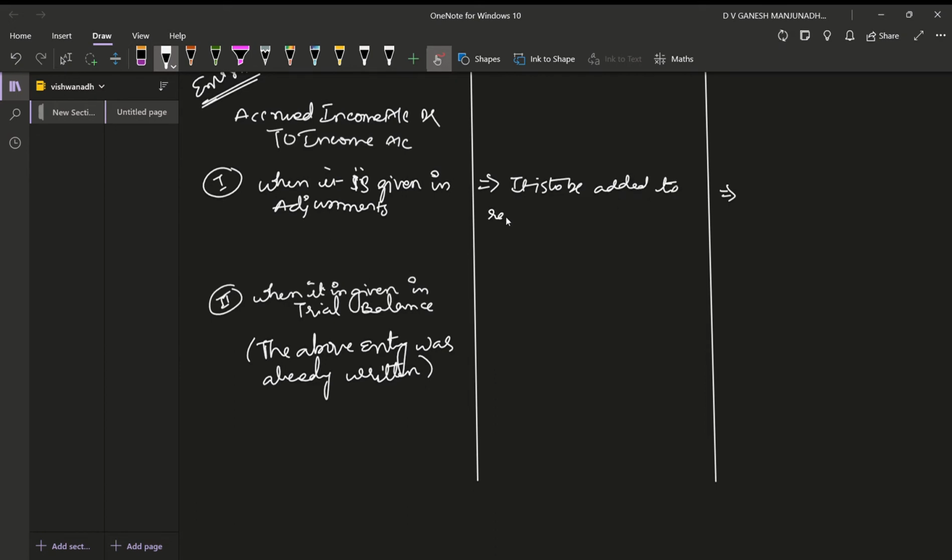to the respective income. There will be only one income in trading account, so this income would be an indirect income, appearing in profit and loss account. It is to be added to the respective income in profit and loss account.